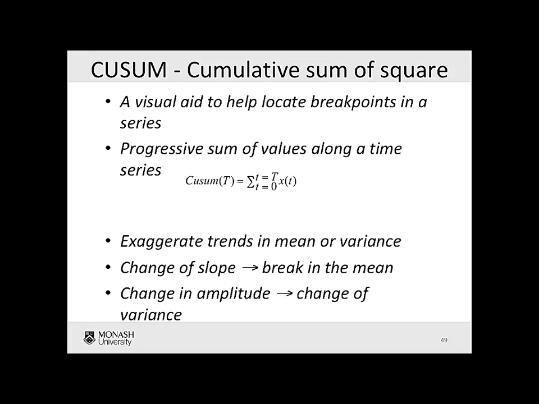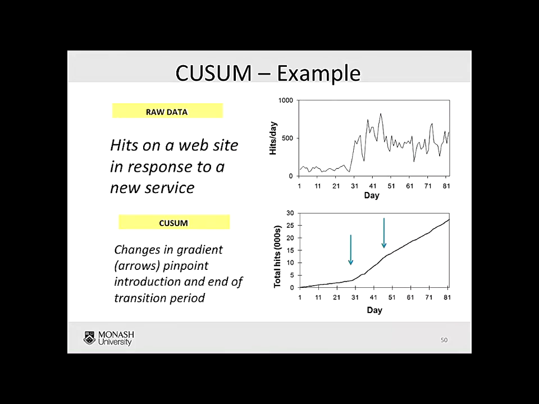You calculate it using the progressive sum of values along a time series, and you exaggerate these trends in mean or variance. It's the changing of the slope, how the mean changes, and the change of the variance. For example, we look here at these spikes, which are website hits per day over different days.